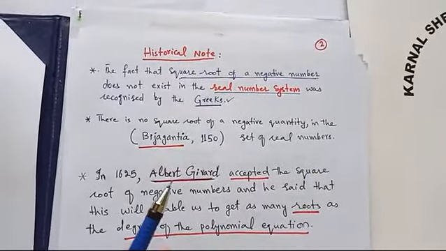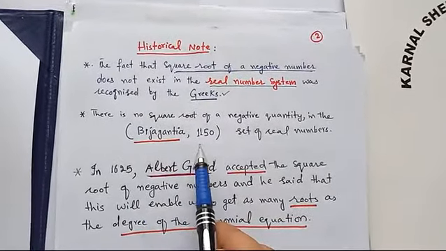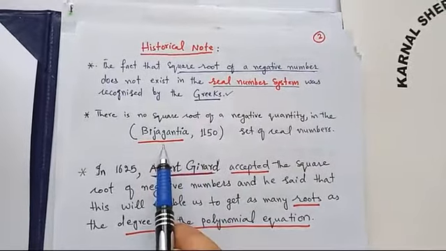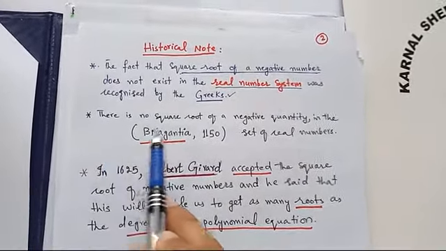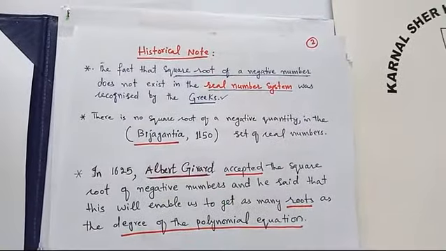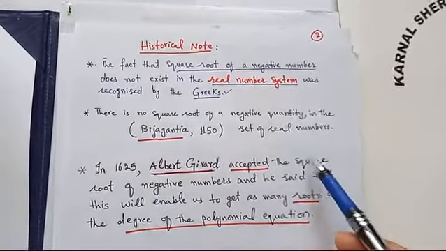After that, in 1150, an Indian mathematician said there is no square root of a negative quantity in the set of real numbers.